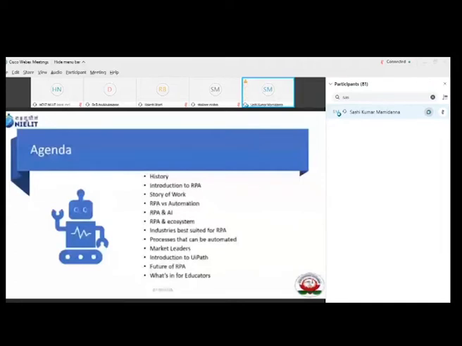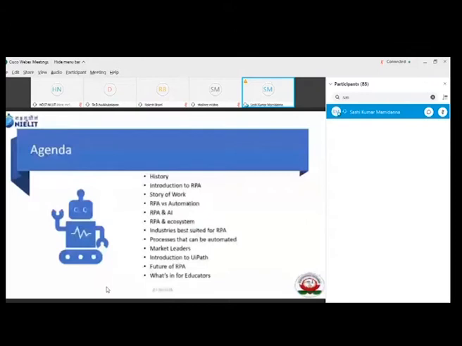Then we're going to understand where RPA as an ecosystem is going to offer us different solutions. Moving on, which industries are best suited for RPA? We're going to see them. Which processes could be automated? That means where you can really apply robotic process automation. Who are the current market leaders?